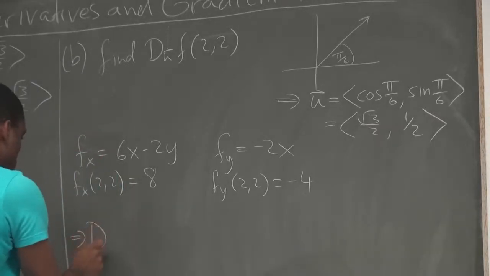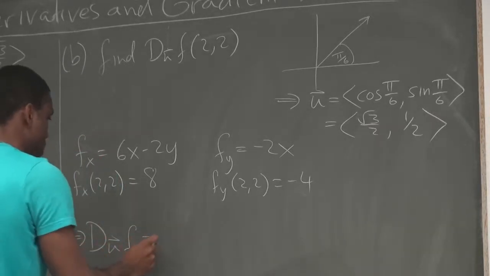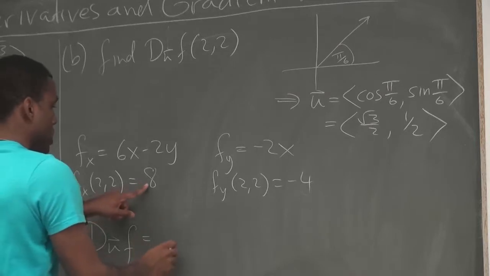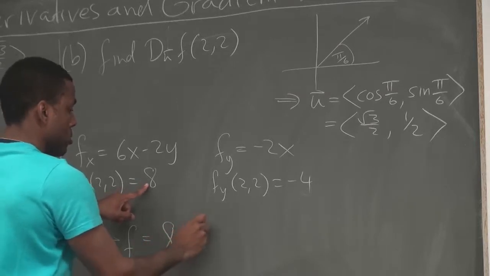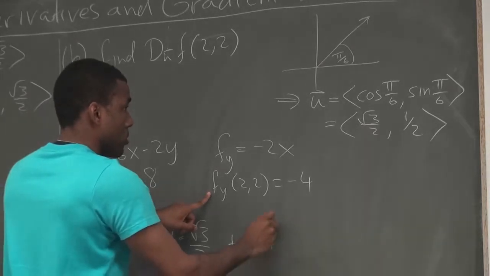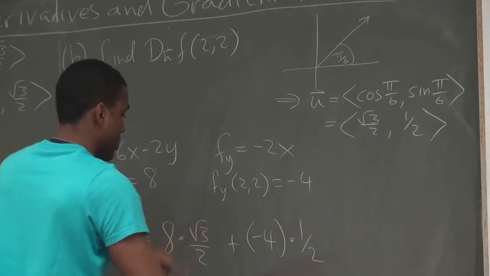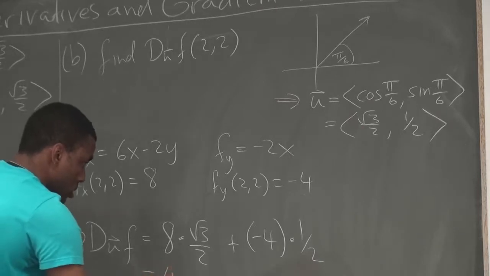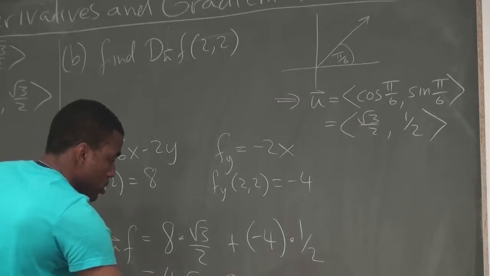This means our directional derivative is going to be 8 times radical 3 over 2 plus minus 4 times 1/2. This is 4 radical 3 minus 2.